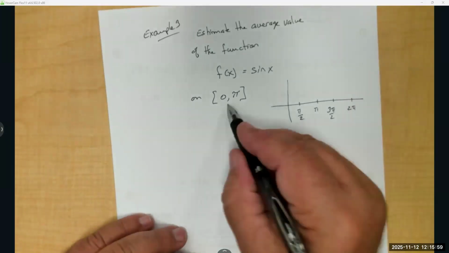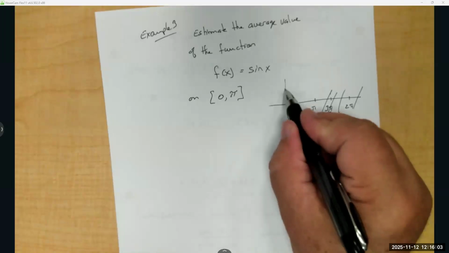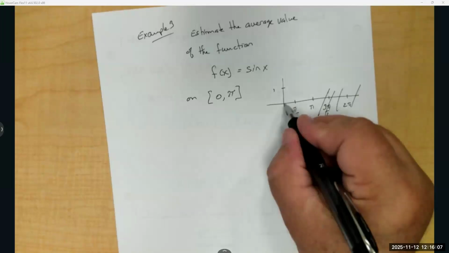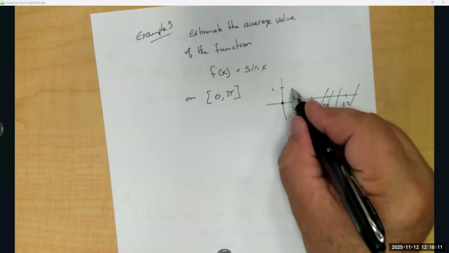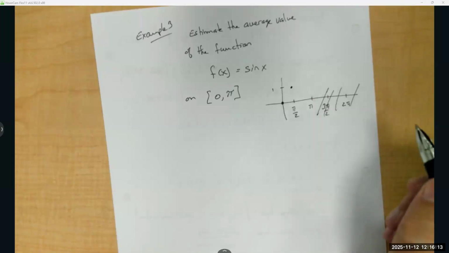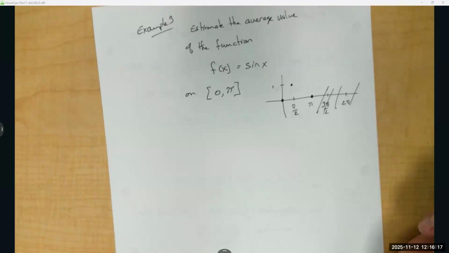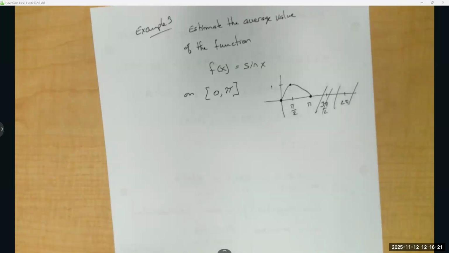But all we want is from 0 to pi. At 0, what is sine? 0. At pi over 2, sine is 1. At pi, it's 0. So we have this shape curve to deal with.